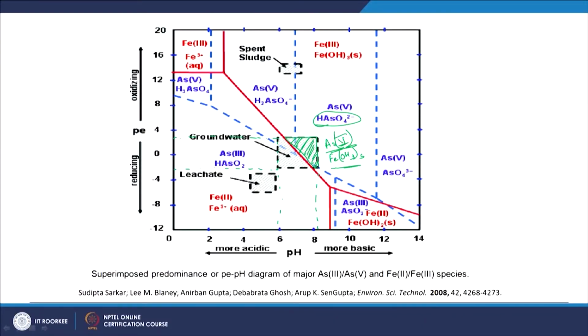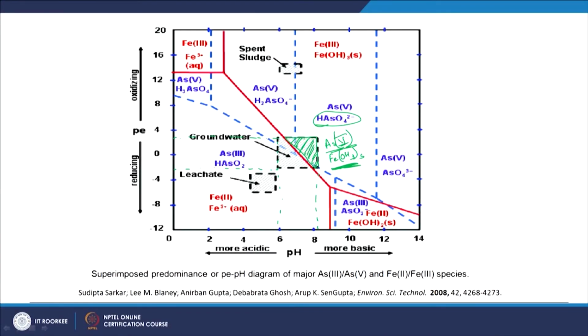We know that ferric iron is going to precipitate, and similar to what we looked at with coagulation and flocculation, one of the aspects was co-precipitation, as in you have these Fe(OH)3 solid particles upon which you can have adsorption and thus co-precipitation of various other compounds. So whenever you are in this particular region, the arsenic will be removed by co-precipitation on this ferric hydroxide precipitate.